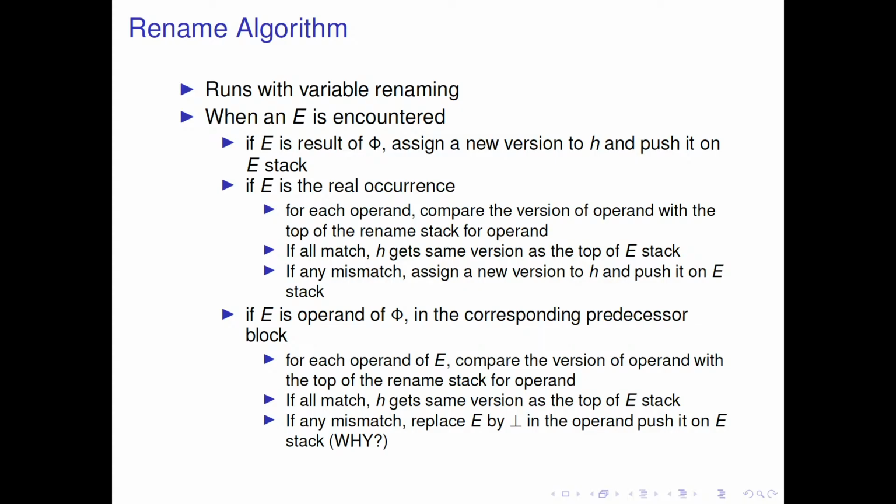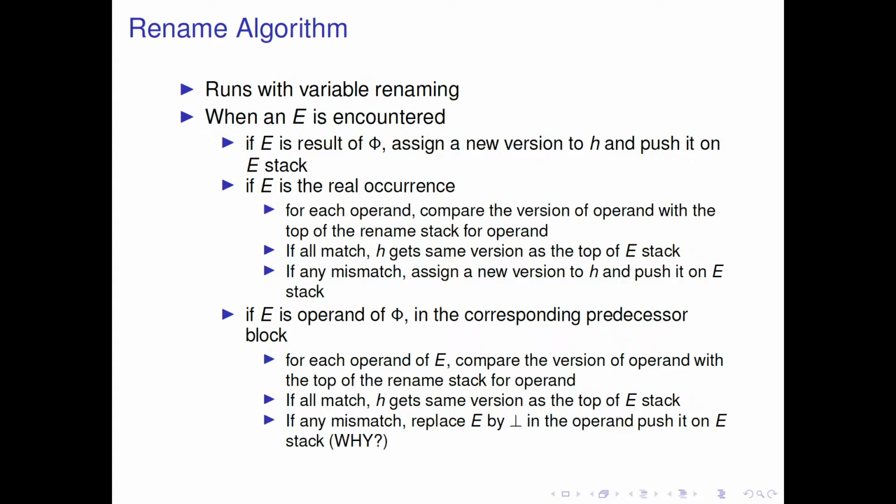There should be a comma here. So if there is a mismatch, then you replace this E by a bot. What does bot say in this case? We are talking about availability of expressions. Not available.